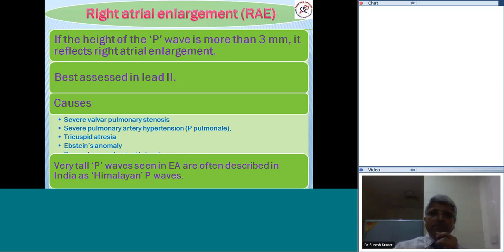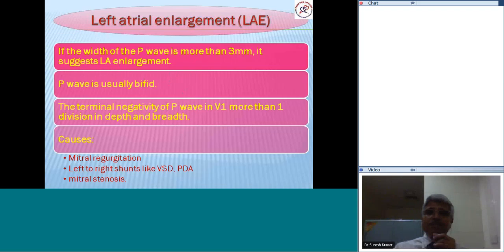Having spoken of right atrial enlargement, let us also recollect what is left atrial enlargement criteria. If the width of the P wave is more than 3 millimeter, that is left atrial enlargement. And the P wave is usually bifid, the proximal portion being created by the right atrium and the distal portion by the left atrium.